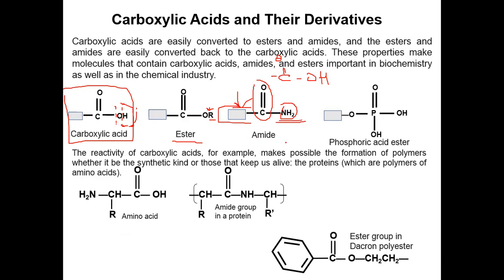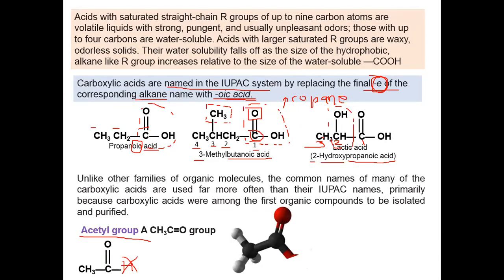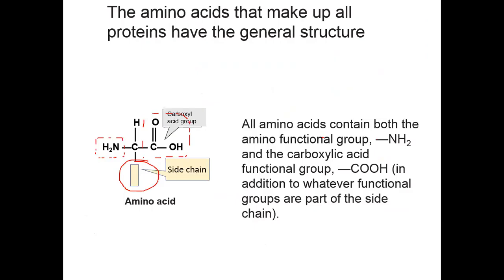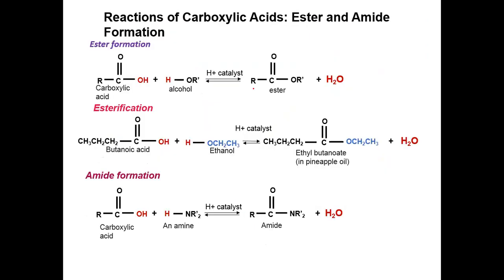So this is amide. Have you heard about amide? I believe you did, right? Okay, so I just want you to understand some reactions of carboxylic acid, ester and amide formation. So this is an esterification reaction.